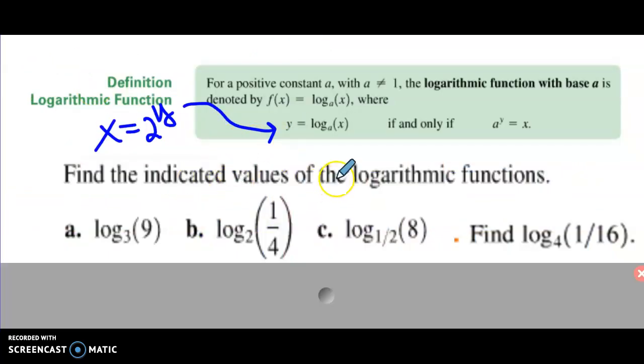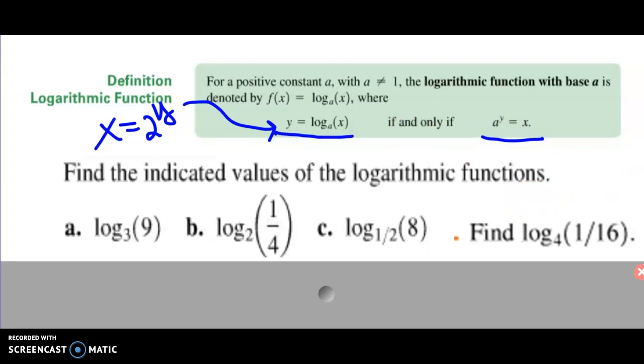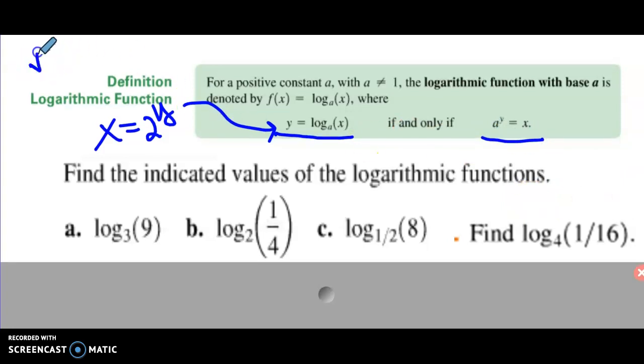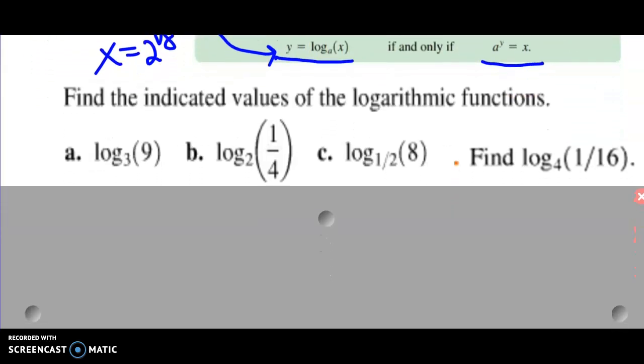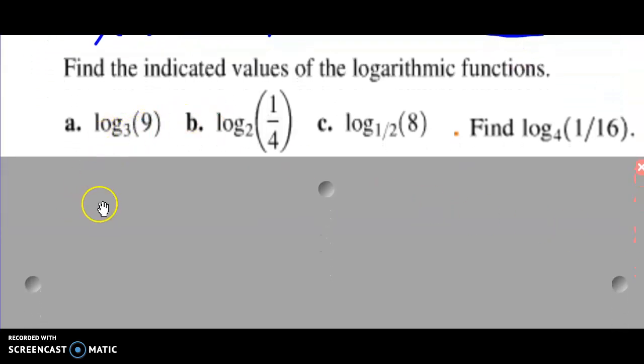So the definition, again, this is what I want you to be able to do, is go back and forth between log form and exponential form. We're going to have to be able to go back and forth fluidly between those two. Just like when I say square root of x, I know that's the same as x to the 1/2. Those are radical form and exponential form. This is logarithmic form and exponential form. They mean the same thing. Sometimes I have to actually write y equals log base 3 of 9.